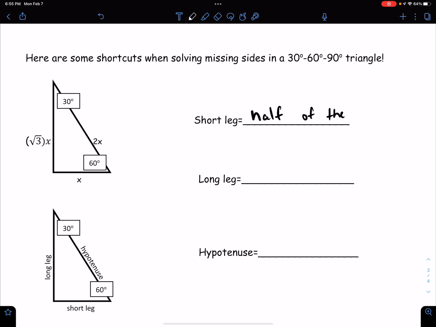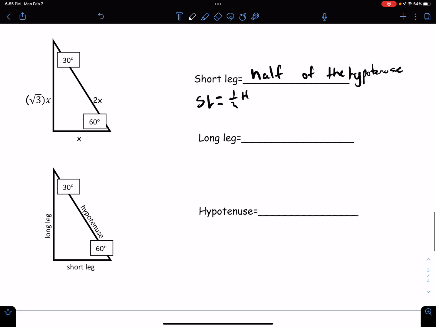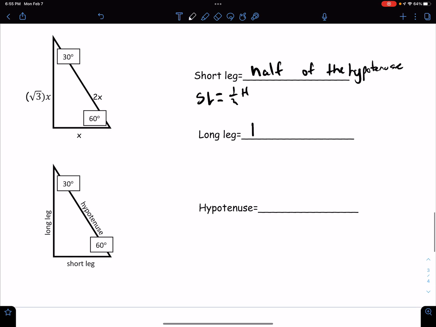So to find the shortest leg, I say that is half of the hypotenuse. So I could write that as 1/2 times h, and we could say that's SL, shortest leg. Okay, so then to find the longest leg, I say, well, that's half of the hypotenuse, all times the square root of 3.